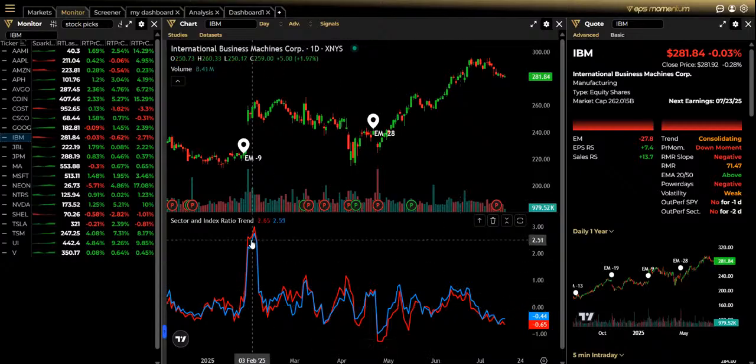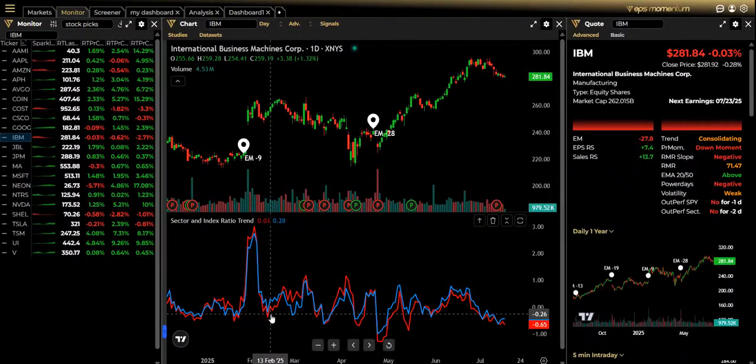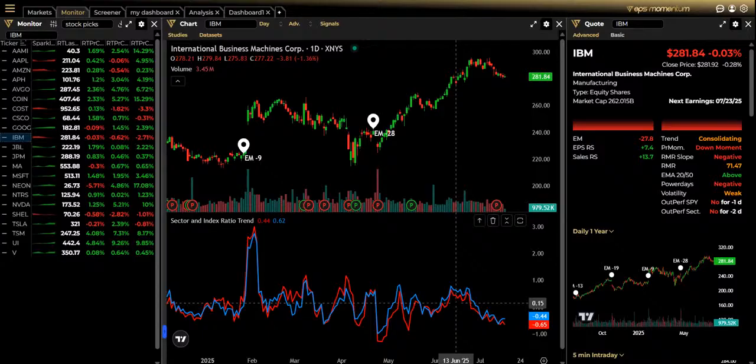The interesting thing is sometimes the sector is above the index, and sometimes it's below. Sometimes it's driven by the sector beating the S&P, or IBM beating the sector and then the S&P. You can see that value there.